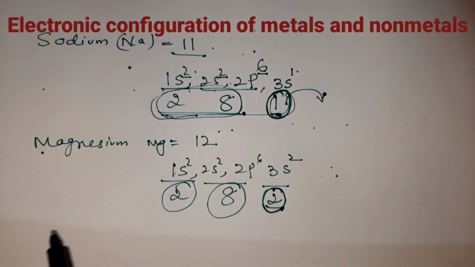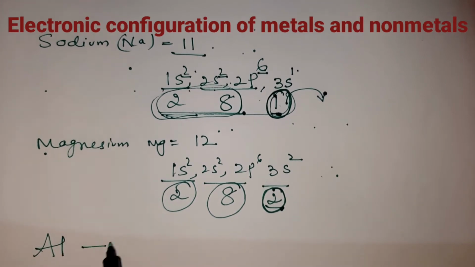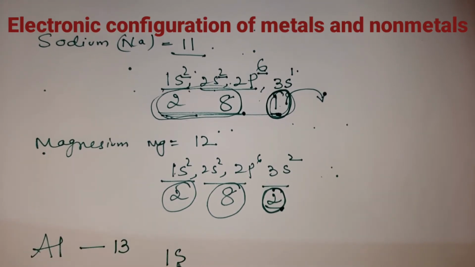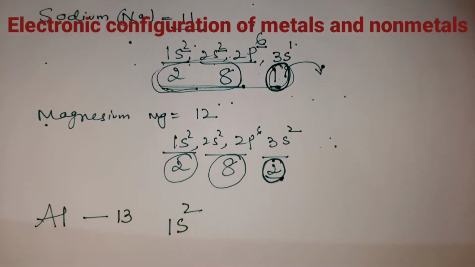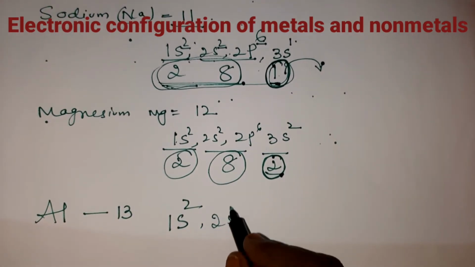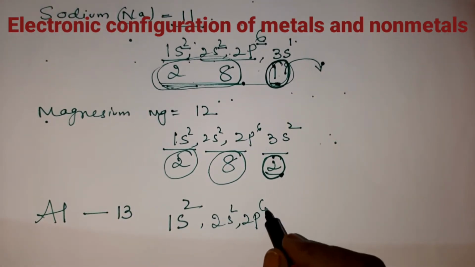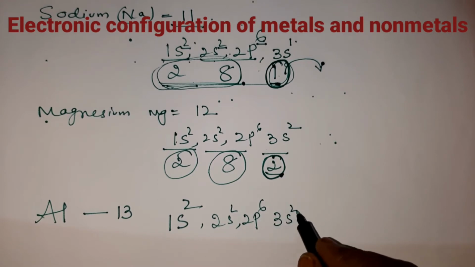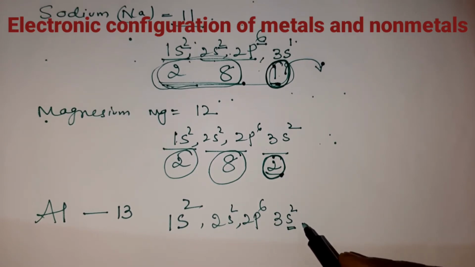Understood, children? And if you take one more example, if you take aluminium, atomic number is 13. How do you write electronic configuration, children? 1s2, 2s2, 2p6, 3s2. S shell is capable of maximum 2 electrons, minimum 1 electron. Then after 3s2, you have to write 3p1.